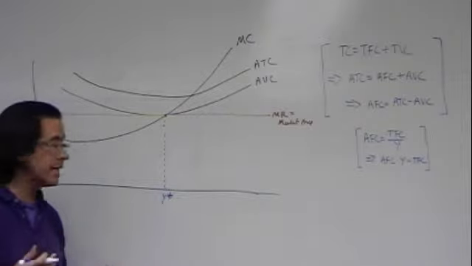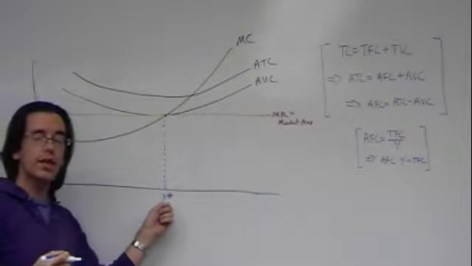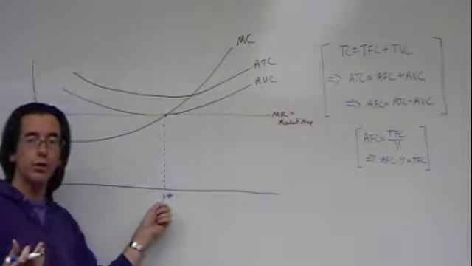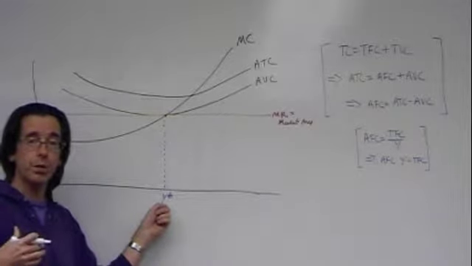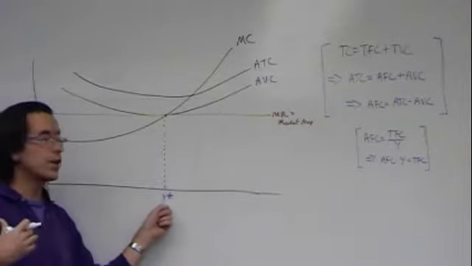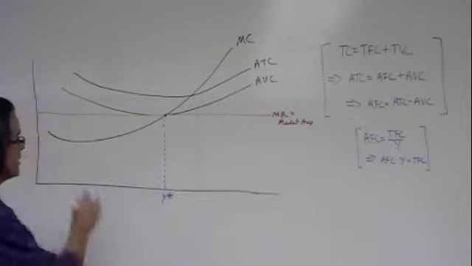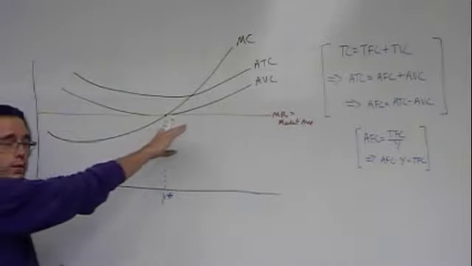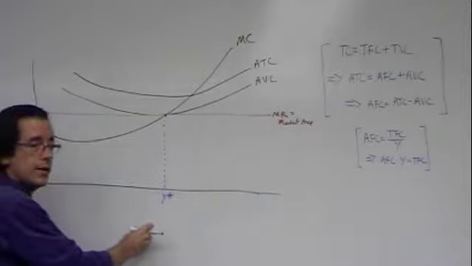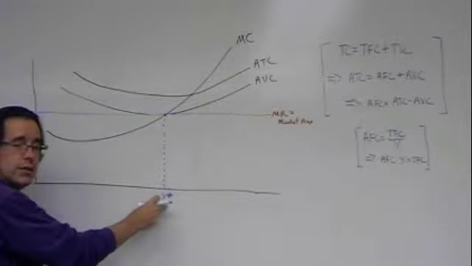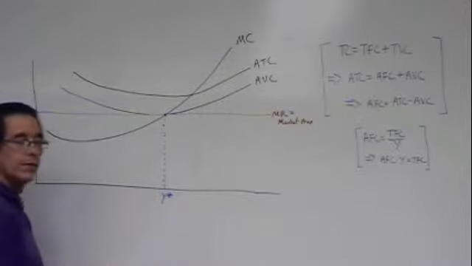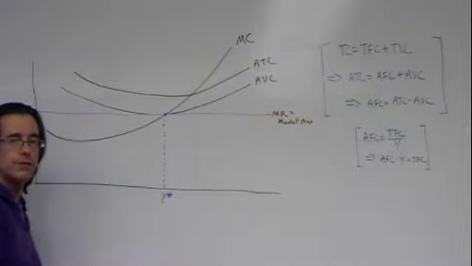Again, that's the level of output that will generate the most profit. It may be a negative profit, but the idea is you're going to be worse off by producing more or producing less. So step 1, draw that marginal revenue line. Step 2, drop down to the horizontal axis to give you that profit maximizing level of output.